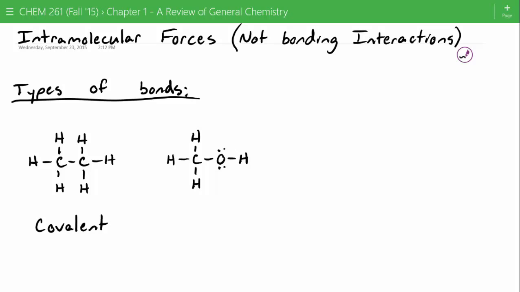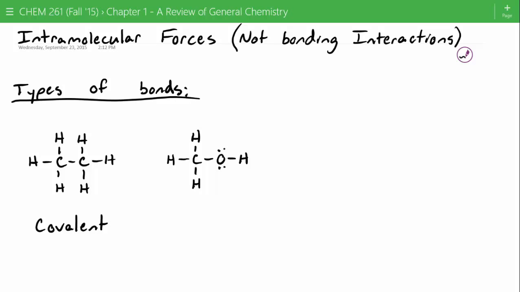What's unique about oxygen compared to carbon? Super electronegative. So on this side, carbon is relatively non-electronegative, same with hydrogen. They're not tugging on electrons too much. On the other side, it's still covalent, but now we've got some unequal sharing of electrons occurring. So both of these can be considered covalent.